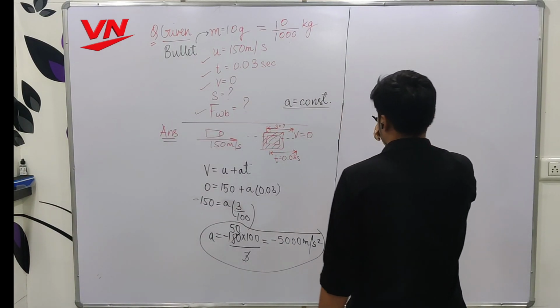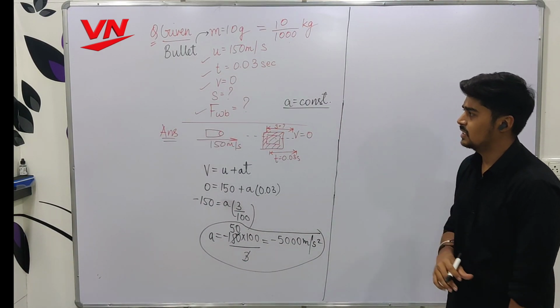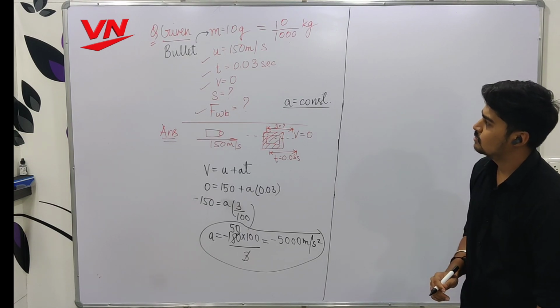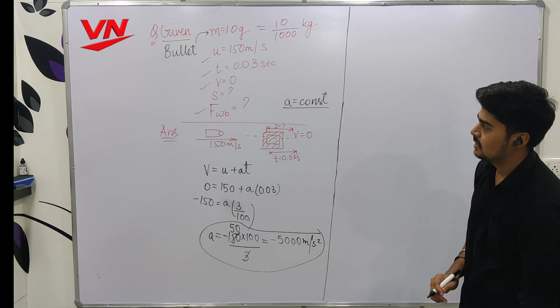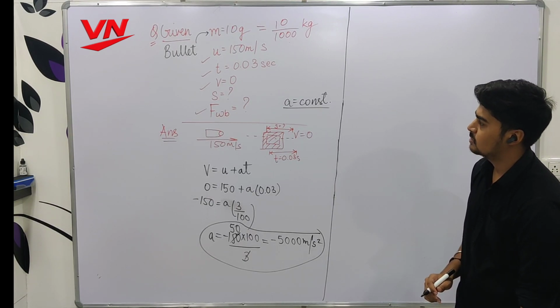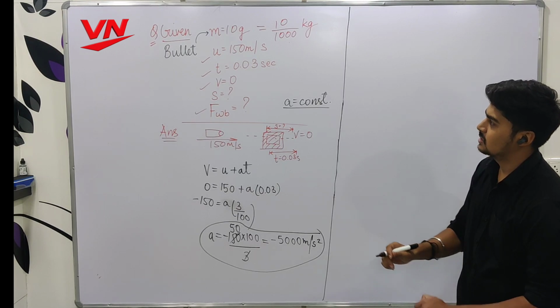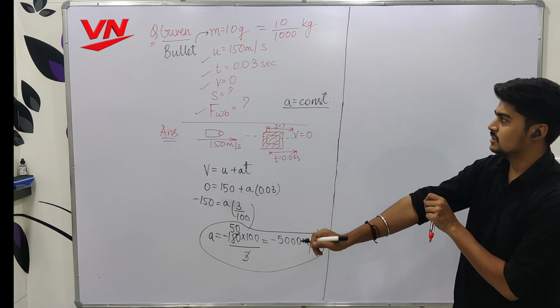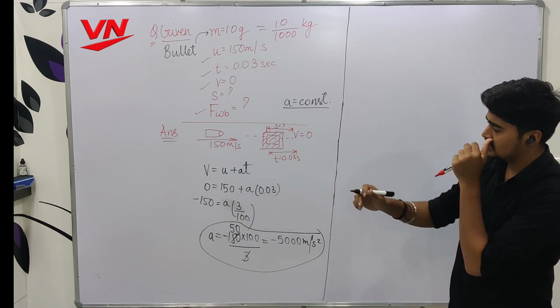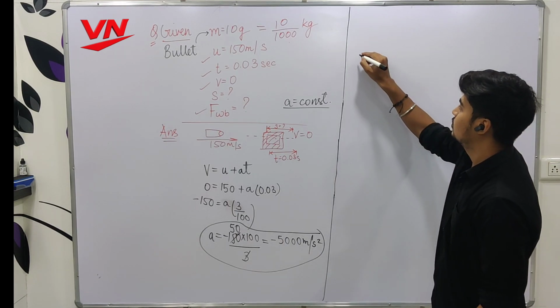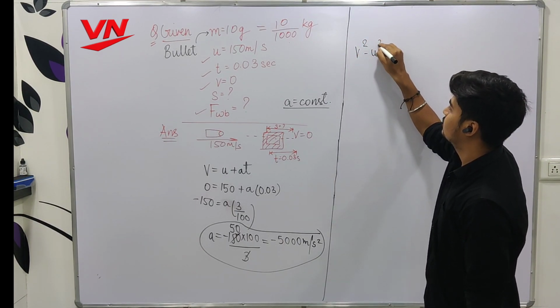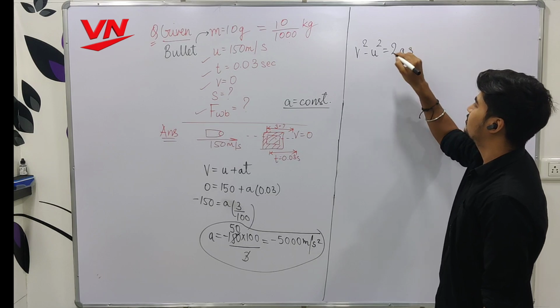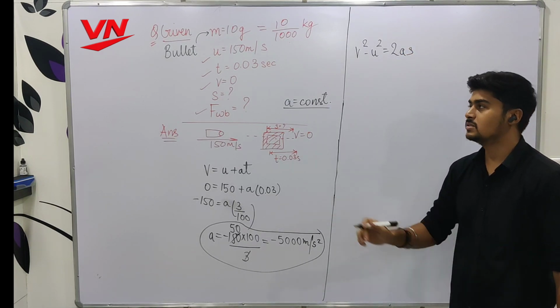Now which equation will I use, second or third? S is equal to ut plus half at square I can also use, and v square minus u square is equal to 2as. I will go with the third equation because I know that the final velocity is 0, so the calculation will be easier.